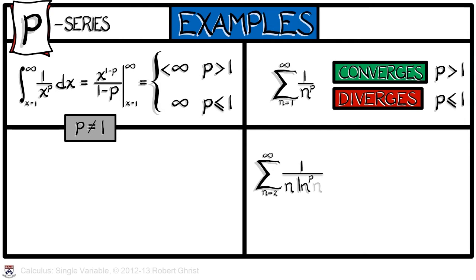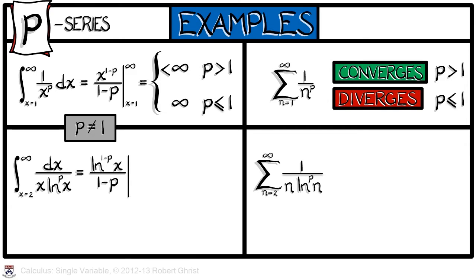A related example that is shown in the same manner is the sum of 1 over n times log of n to the pth power. If we continue this to the function 1 over x times log of x to the p, then we can integrate that with respect to dx and obtain an integral using a little u substitution to get log of x to the 1 minus p over 1 minus p.